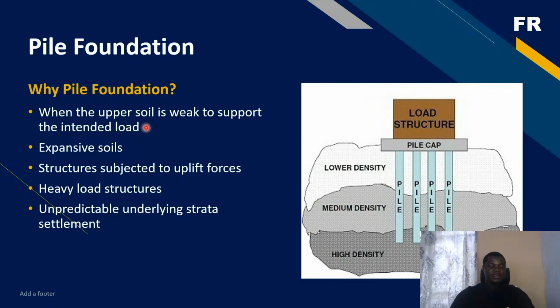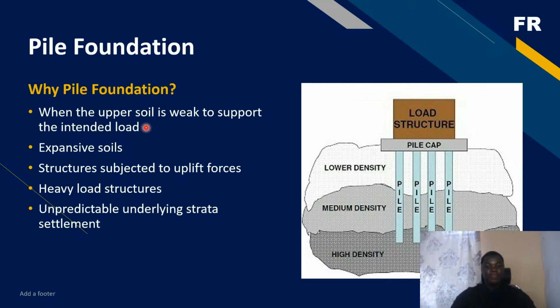And then another reason why you might need to go for pile is when the soil below the structure is either expansive or collapsible. When we say a soil is expansive, what we are trying to say is that as the moisture content of the soil changes, either increases or decreases, the soil tends to swell or shrink.